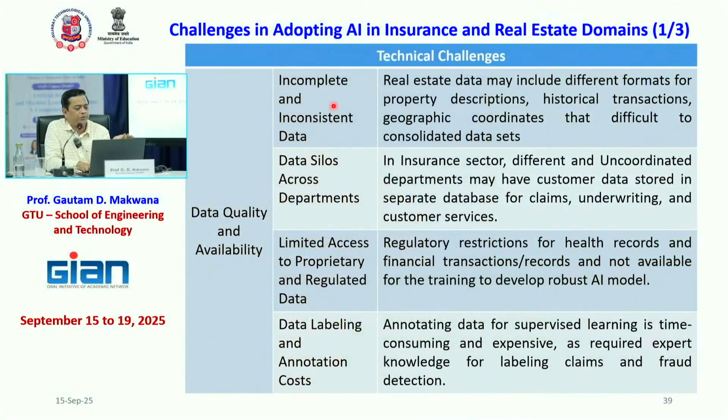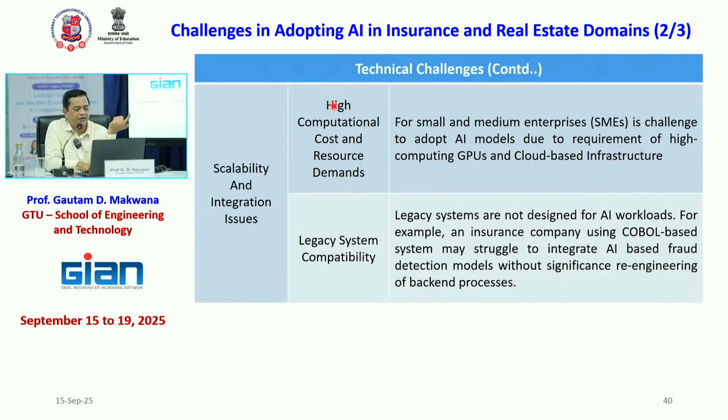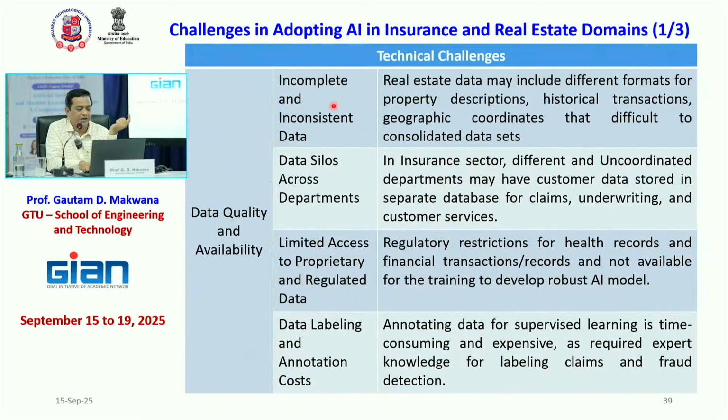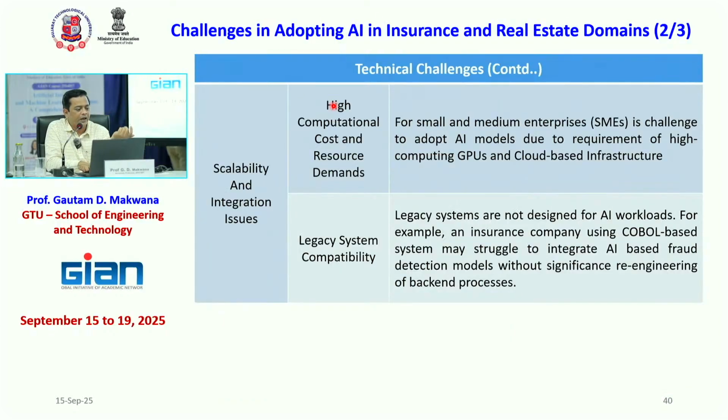Some of the challenges we discussed right now are data quality and availability, scalability, and integration issues. There are technical challenges: data quality and availability, incomplete and inconsistent data silos across departments, limited access to proprietary and regulated data, labeling and annotation costs, high computational cost and resource demand, and legacy system capabilities.